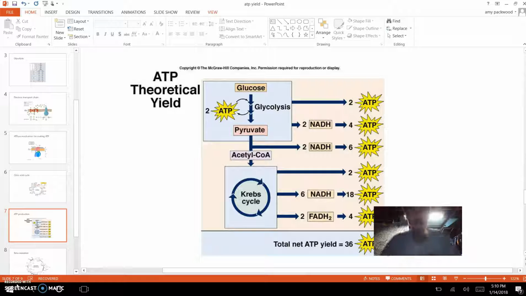So out of this process, we get about 36 ATPs, which isn't a whole heck of a lot.